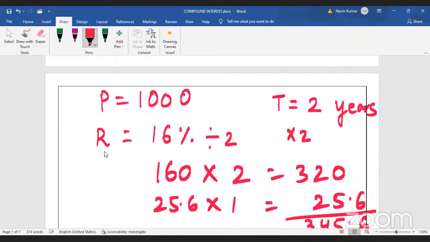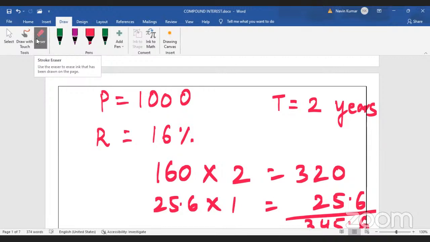So rate will become 8%, time will become 4. ठीक है? If compounded quarterly, then divide rate by 4 and multiply time by 4. ठीक है? If compounded monthly, then into 12 and divided by 12.